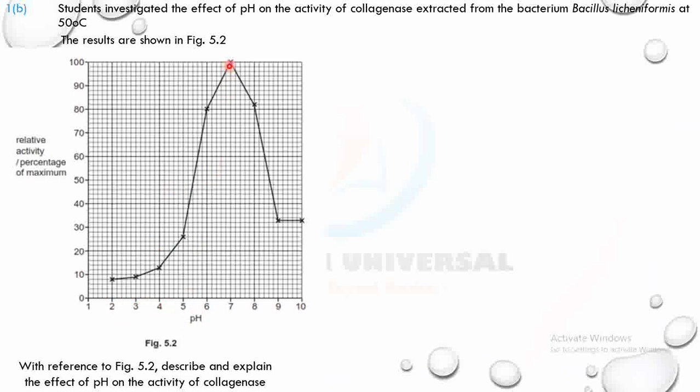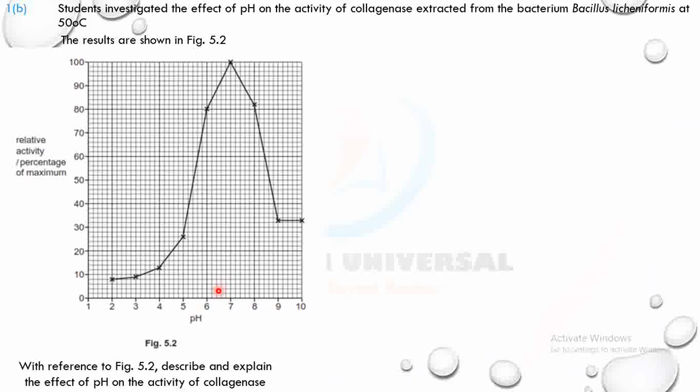Then it reaches the maximum, the optimum. This is the optimum pH, which is 7, because that's the pH that gives us the maximum activity. So pH 7.